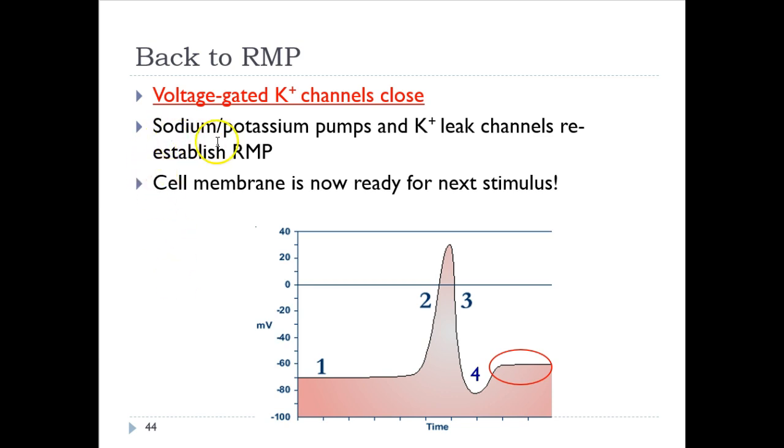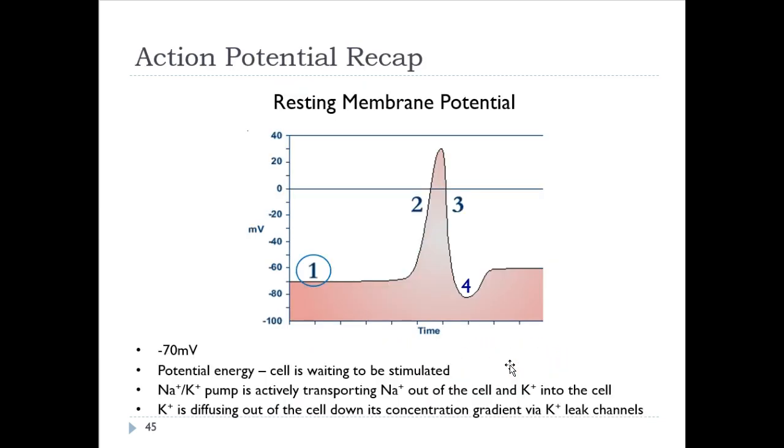These special pumps, sodium potassium pumps, are going to be activated with ATP, and what's going to happen is the potassium is going to start to come back into the cell, and it's also going to push out that sodium. So potassium back in, sodium back out, and slowly what's going to happen is we're going to go back to that resting membrane potential.